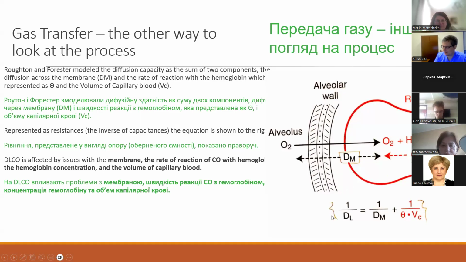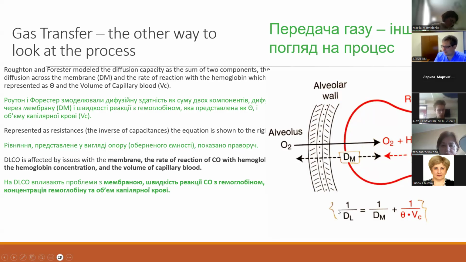Now, as we mentioned before, the diffusion capacity is a capacity. The inverse of it is a resistance, similar to Ohm's law from physics. And these two resistances will sum together, because they're in series, to be equal to the associated resistance of the diffusion capacity, DL.